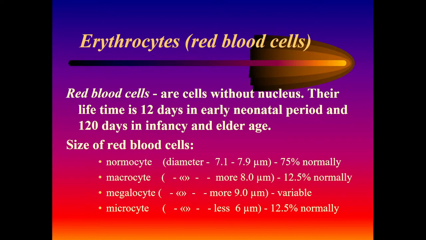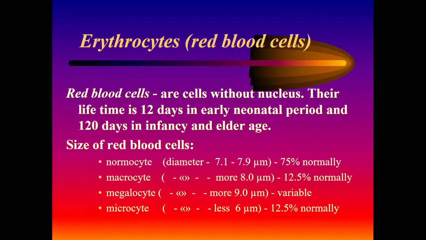The size of red blood cells depends on their diameter in micrometers. They are divided into normocytes, which are nearly 75% of all red blood cells, with a diameter between 7.1 and 7.8 micrometers. Macrocytes have a diameter of more than 8.0 micrometers; they are nearly 12.5% normally.